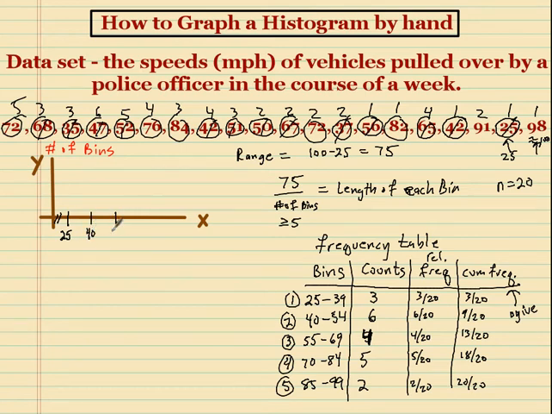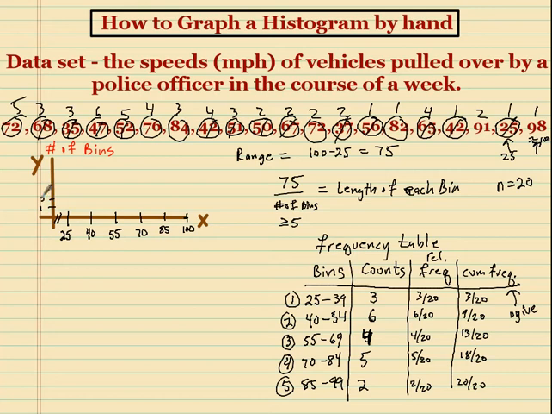Okay, from 40, 55, 55, 60, 70, 70 to 85, and I'll just stop at 100. Okay, even though if I had 100 it would go there, and then I'll just do counts.